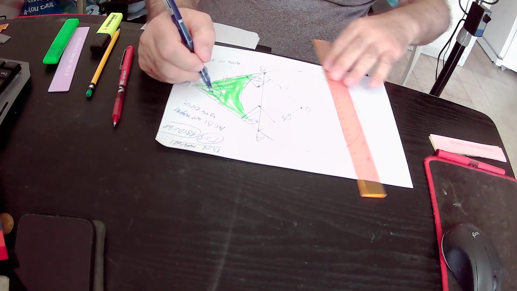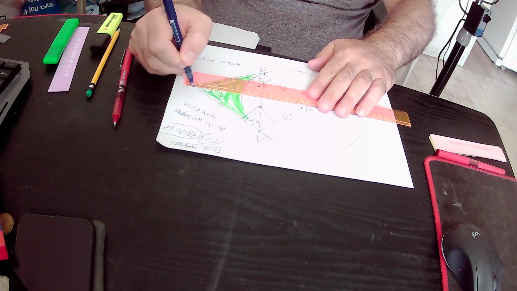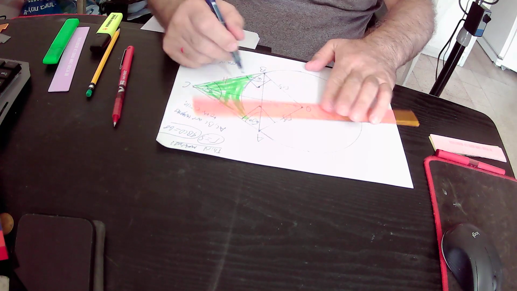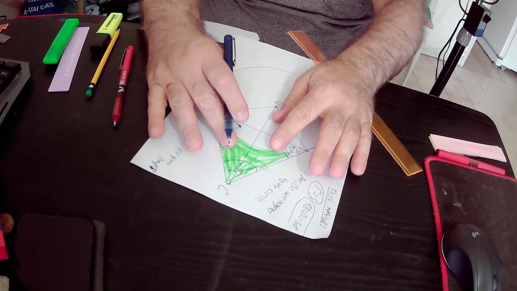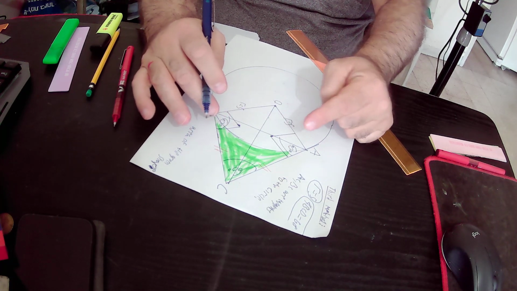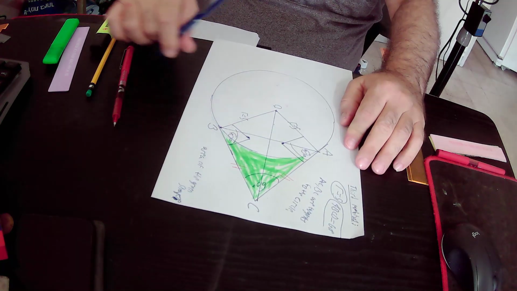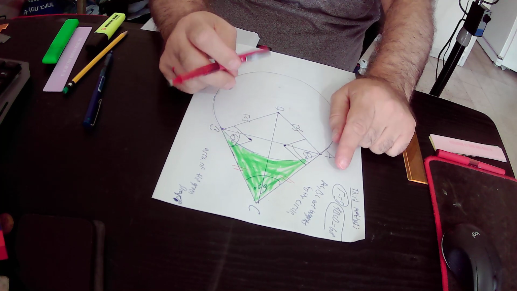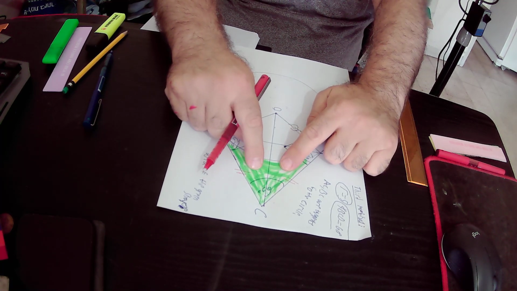We will join together points O and C by a straight line. I've already proved that those two triangles can go into each other. Triangle OCB can go into triangle OAC. From the fact that those two triangles can go into each other, we can conclude that those two angles are equal to each other.